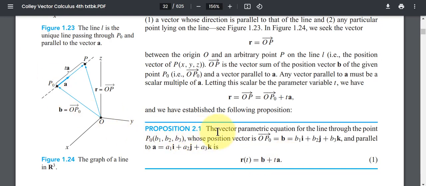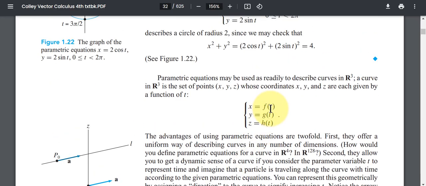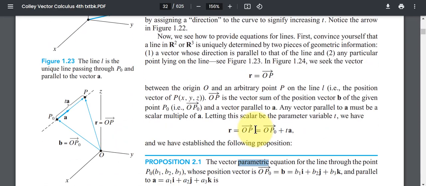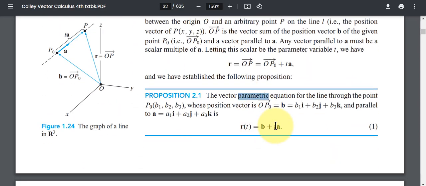Now they call it a parametric equation, because up here the parameter was called t. That's called the parameter, and this also has the same parameter, t. So we can call this a parametric equation as well, because there's a parameter in it called t. So what's a parameter?